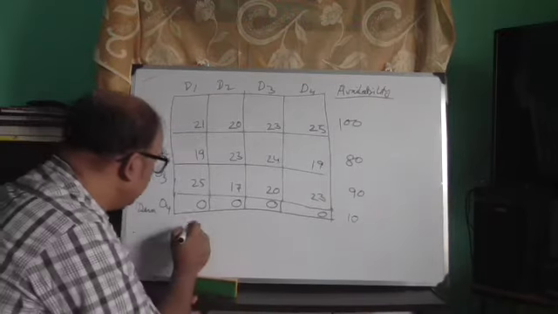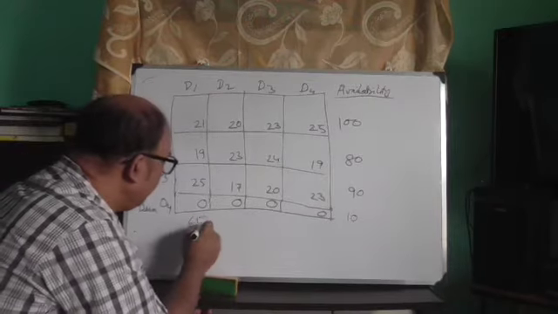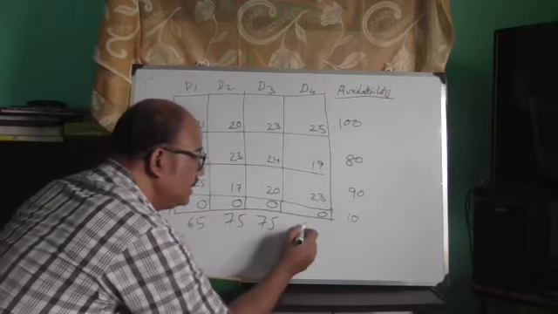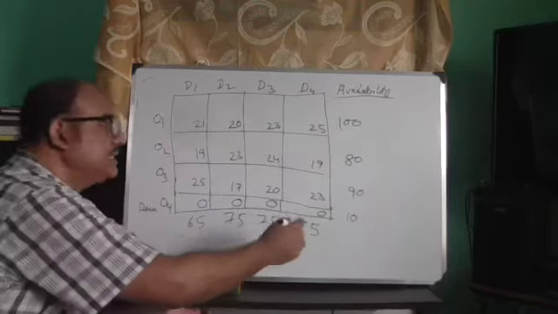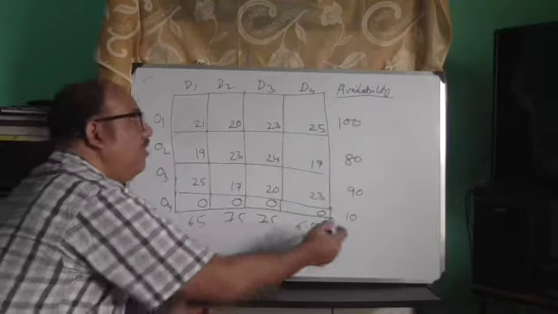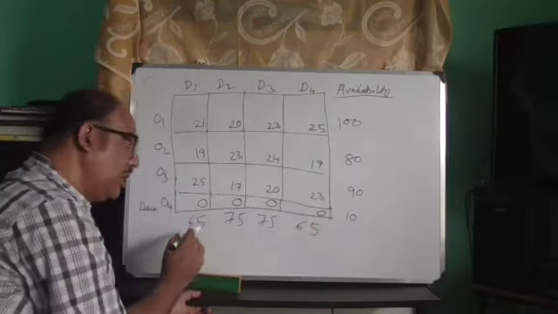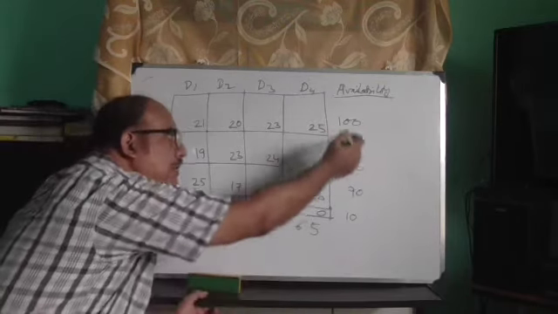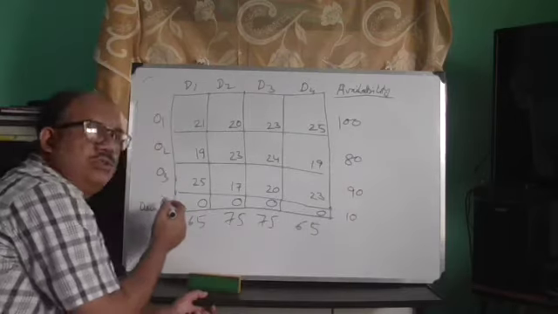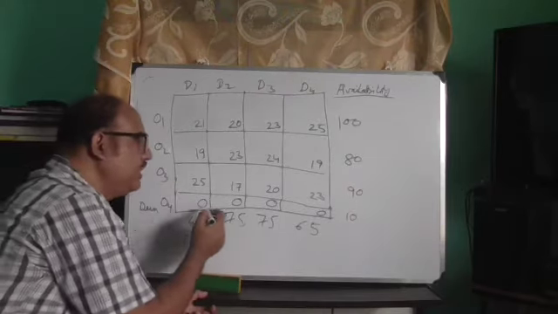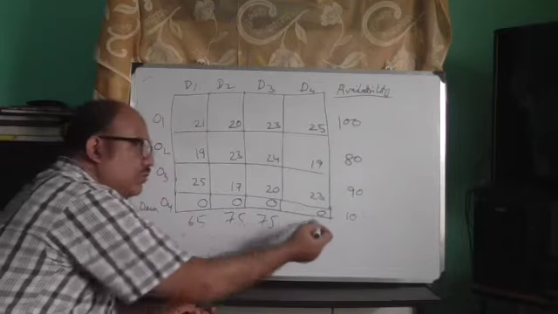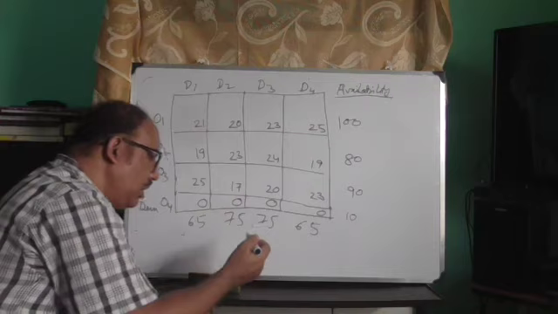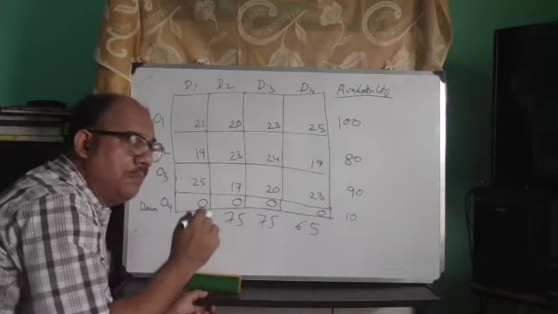So now the problem becomes balanced. Again, if the demand is more and availability is less, we will introduce one fictitious origin with transportation cost 0 and make the problem balanced. So it is important to make the problem balanced first.